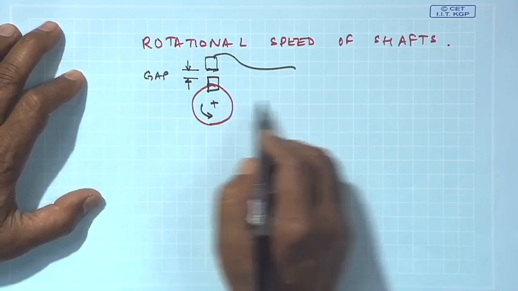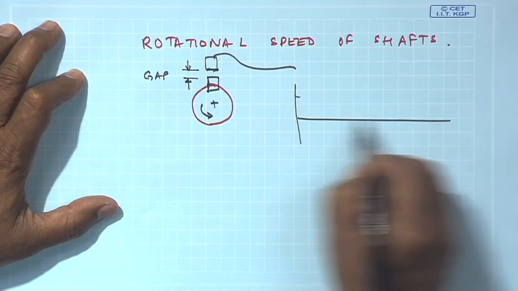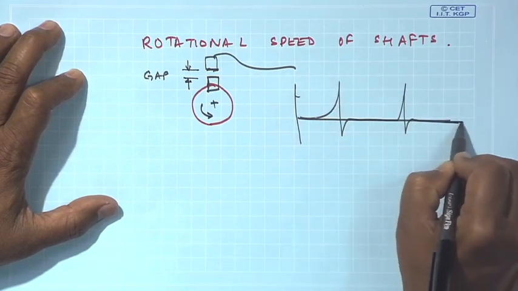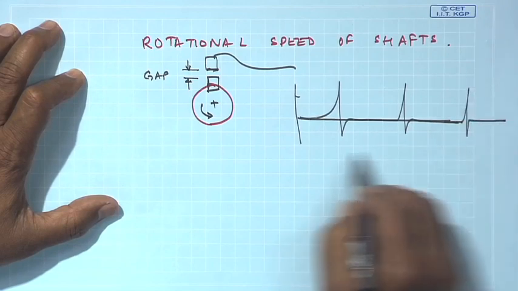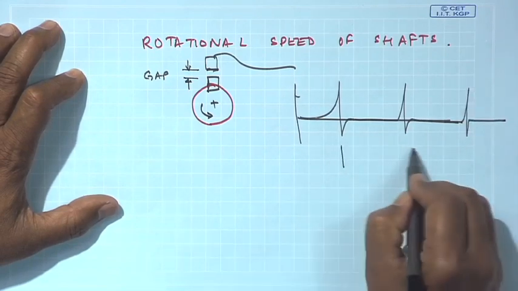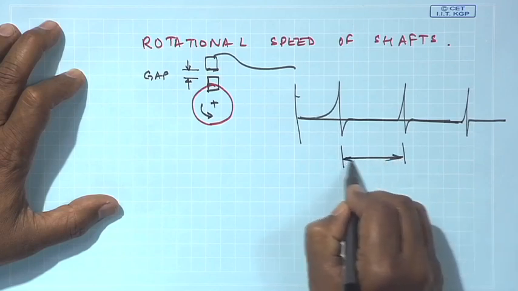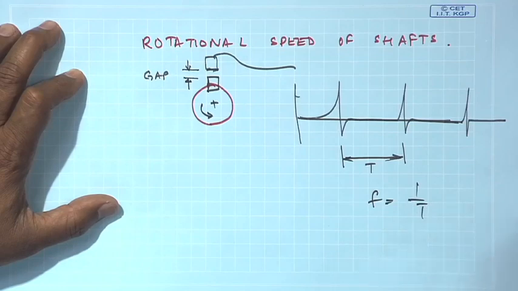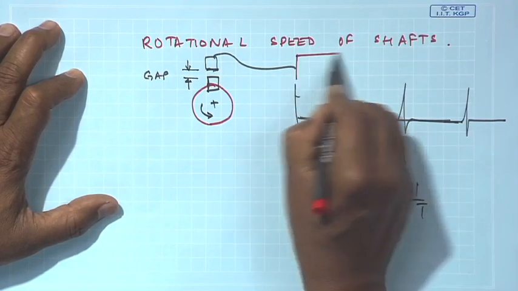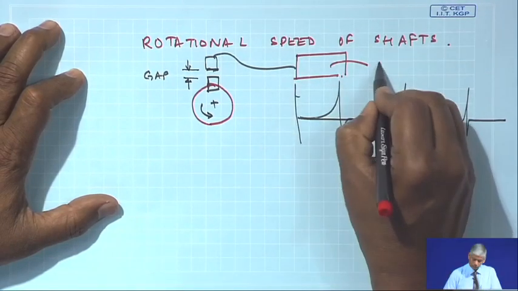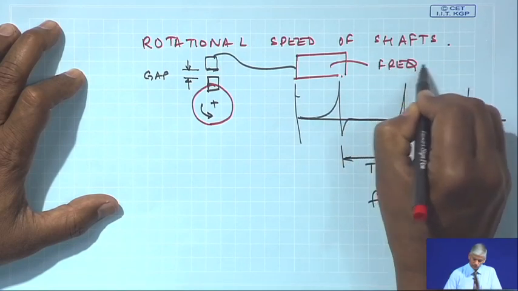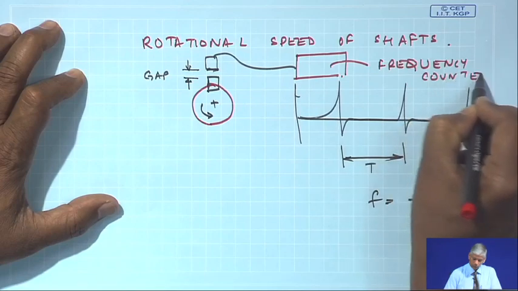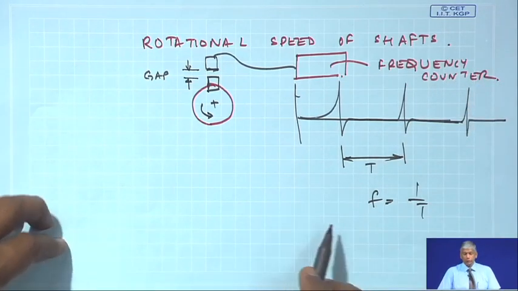So, every rotation of the shaft, I am going to get a pulse. Okay. So, again the inverse of the time taken, f is nothing but 1 by T, just by having a frequency counter, I can get the rotational speed of the shafts.